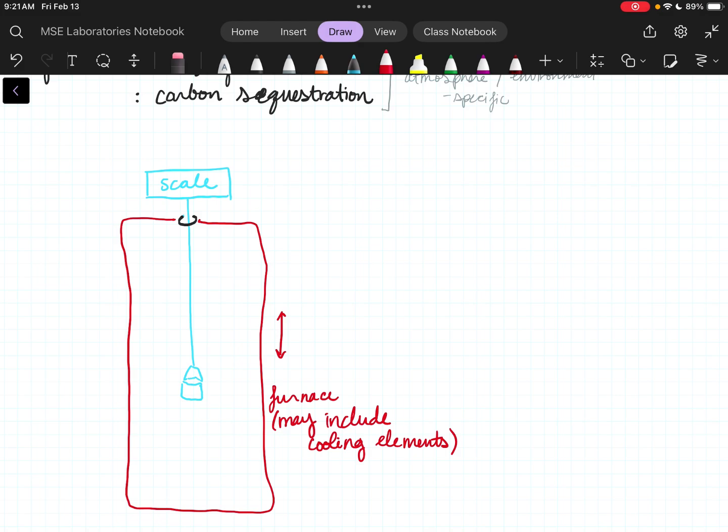Generally in furnaces that are going to be heating above 1,000 degrees Celsius, so ones that are really good for metals or ceramics studies, they don't tend to include a lot of cooling elements, maybe a cooling fan. But at those temperatures, we're so high above room temperature that they're going to cool down to room temperature fairly quickly on their own. They hold all that thermal heat and it dissipates fairly quickly.